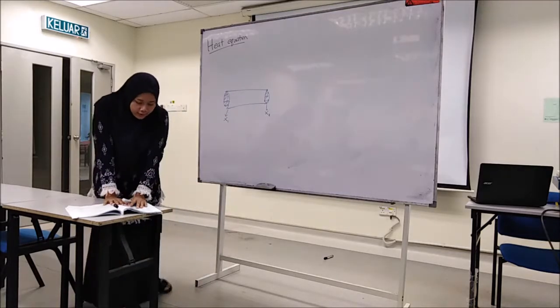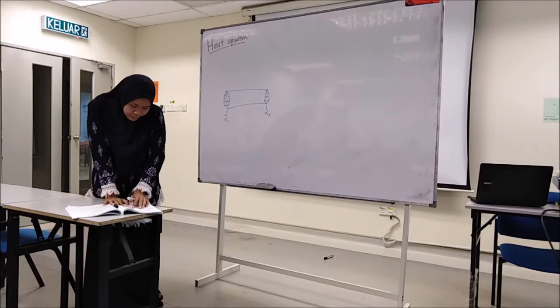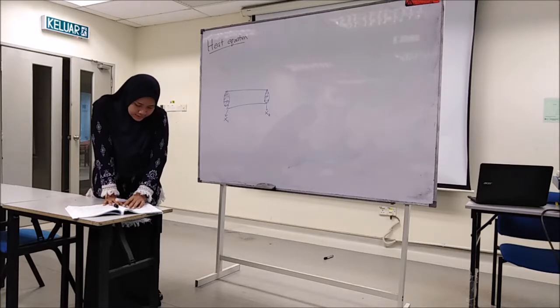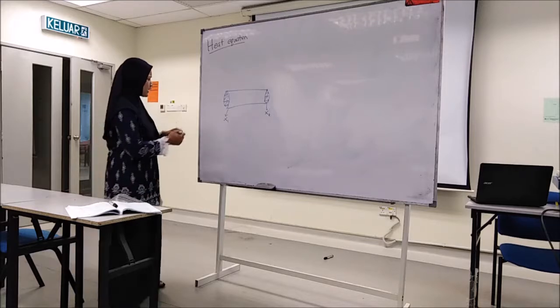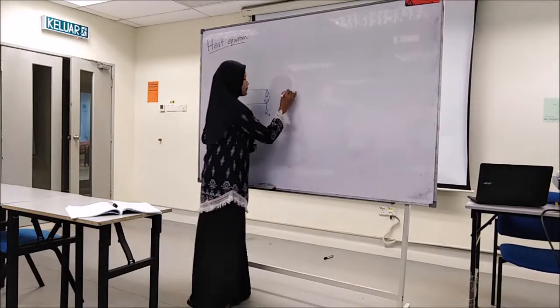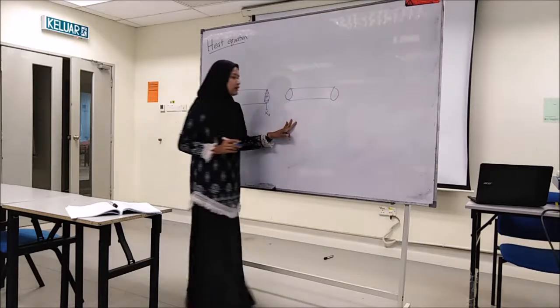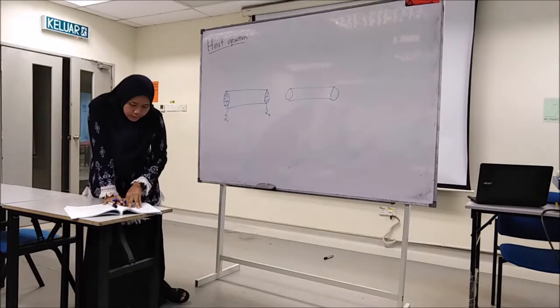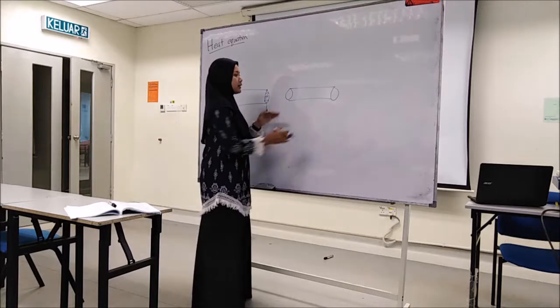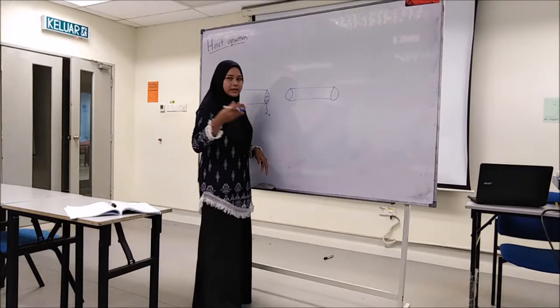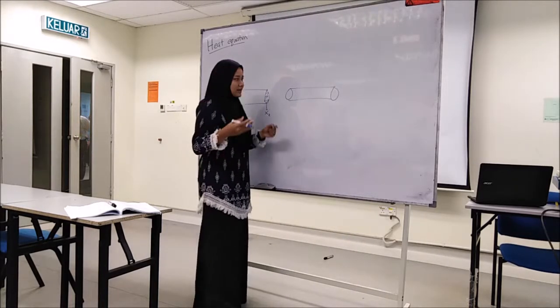For point number 2, what if both ends were held at a constant but different temperature? That means we have the same rod, and both ends have a constant but different temperature.